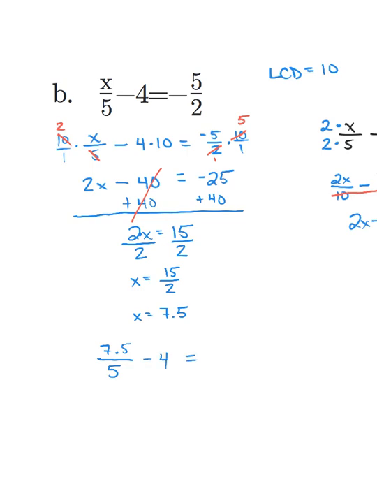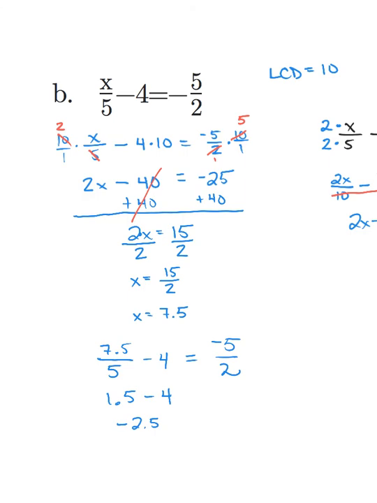On the right side, we still have negative 5 over 2. So go ahead and type in your calculator, what is 7.5 divided by 5? You should get 1.5. Take that number and subtract 4, and what do you get? Well, you should get negative 2.5.